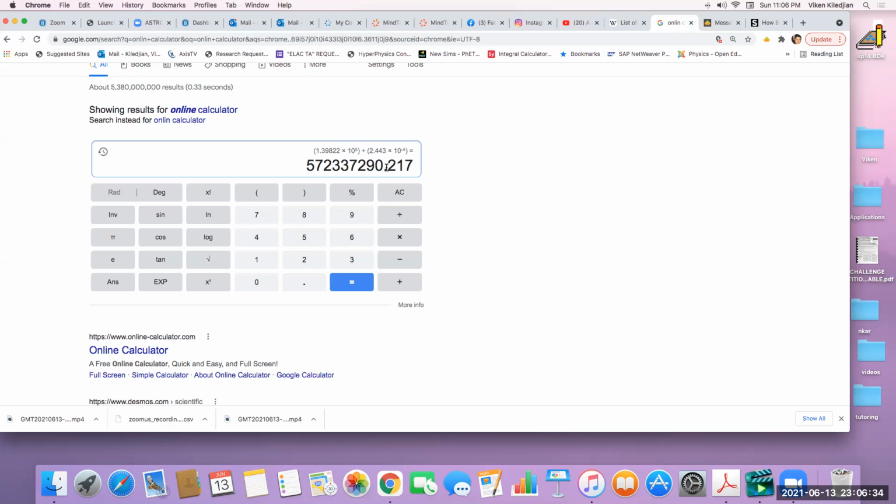So let's write this in scientific notation. How many times back do we have to go? 1, 2, 3, 4, 5, 6, 7, 8. So we can write 5.723, going that many spaces.